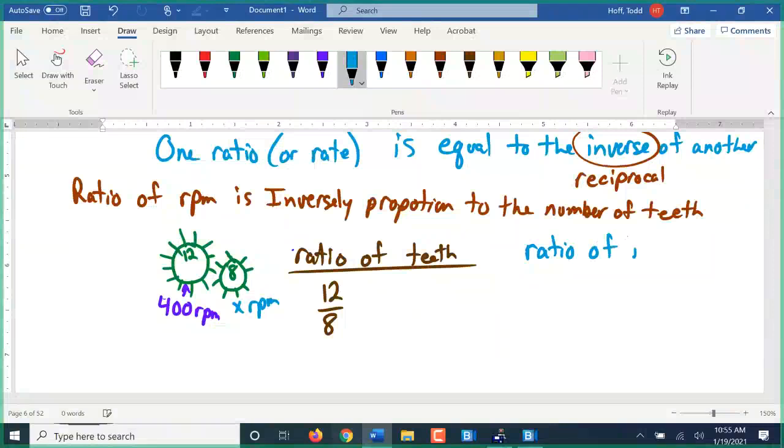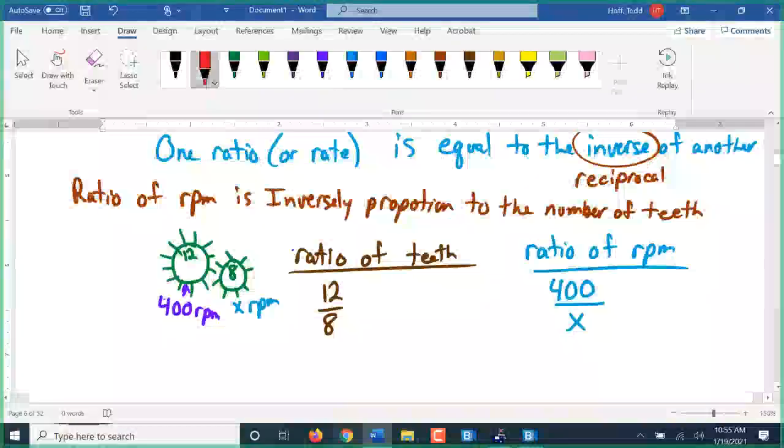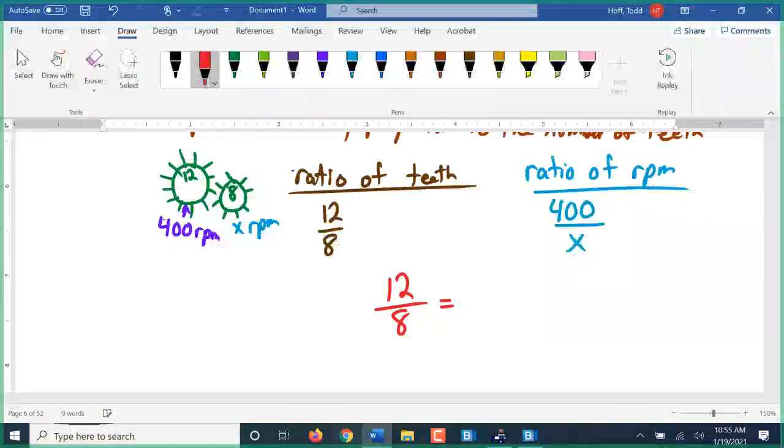A ratio of RPM, 400 to X, putting the bigger gear first again. Inversely proportional, though, means I compare one ratio to the inverse of the other. 12 over 8 does not get compared to 400 over X. It gets compared to its inverse.